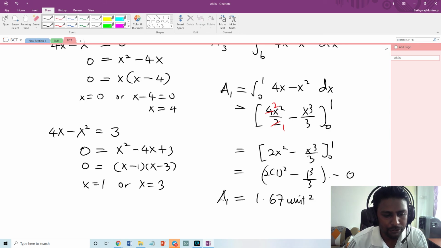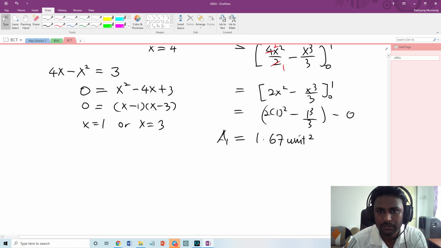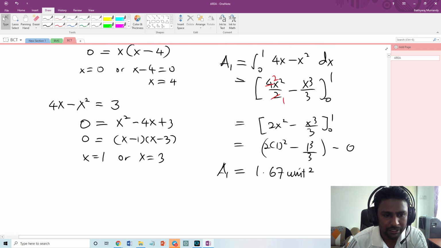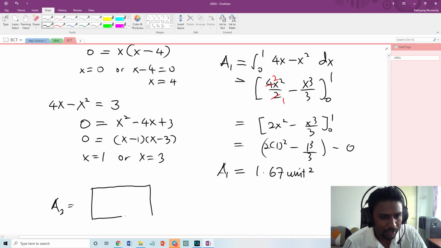Okay, now I'm going for area 2. Okay, what is my area 2? I put it here, area 2. I put the diagram here. So just now I get the rectangle. Okay, just now I have a rectangle. So rectangle here is 1, 3 for sure.